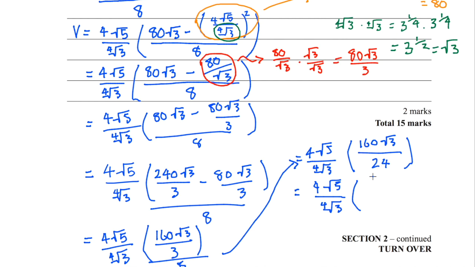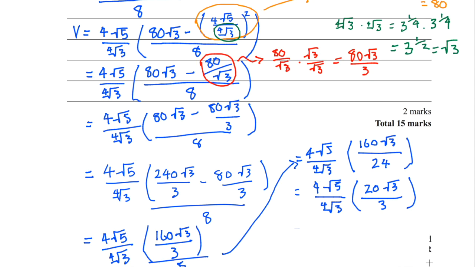Well, 8 goes into both of those. 8 goes into 16 twice, so it goes into 160 20 times. 20 root 3 on 3. We're almost there, but we're almost also out of space. So let's squeeze this in.